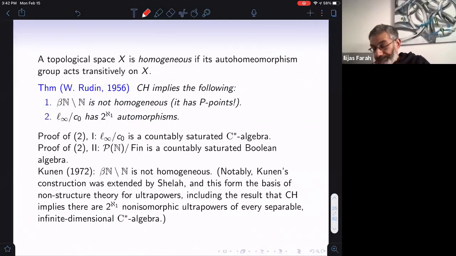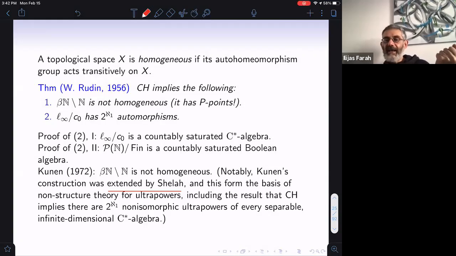Okay. So another important digression. Kunen proved in the 70s that beta N minus N is not homogeneous in ZFC. He used an extremely clever construction of ultrafilters, and that construction was really understood and brought to a new level by Shelah, and he used it to construct ultrafilters while controlling what ultrapowers look like.